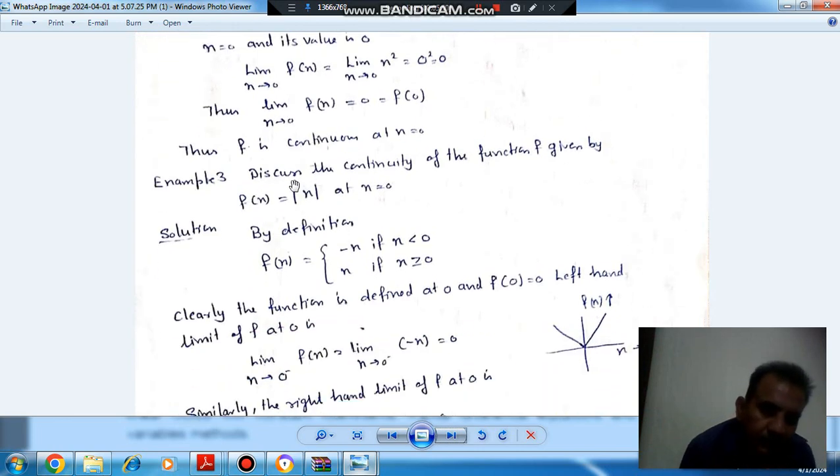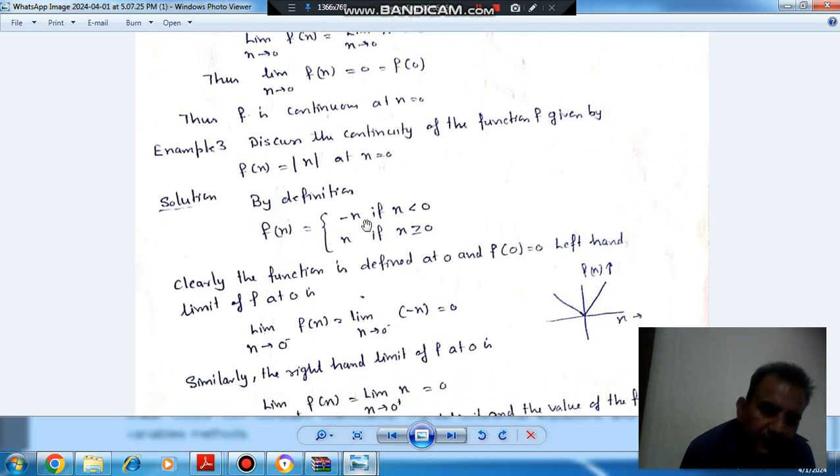So next example, discuss the continuity of the function f given by f(x) = |x| at x = 0. So modulus x by definition can be written as -x if x is less than 0, and +x if x is greater than or equal to 0. Now if we draw its graph, we get a positive value of f(x), whether x is negative or positive.